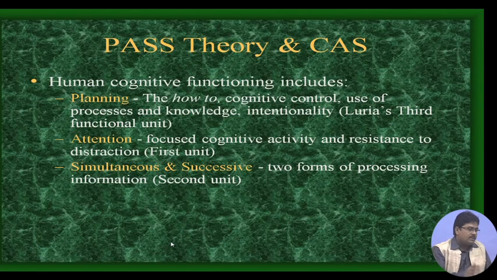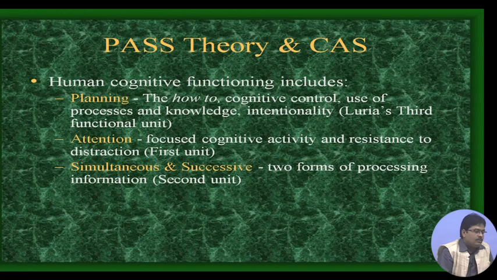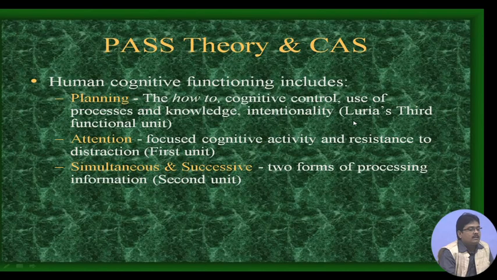So, these processes are nothing but the human cognitive functional zones, such as planning. Planning refers to how we perform certain cognitive tasks: cognitive control, use of process, knowledge, intentionality. So, these refer to Luria's, another physiological psychologist from Russia, who identified different functional zones in human brains.